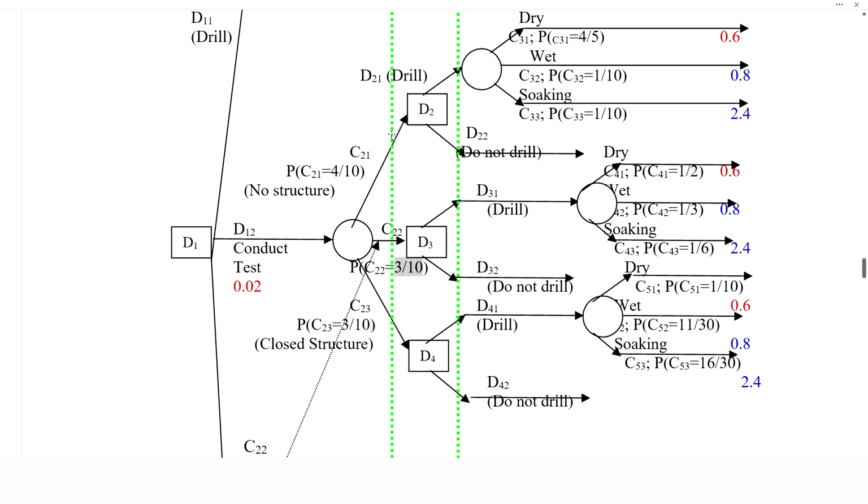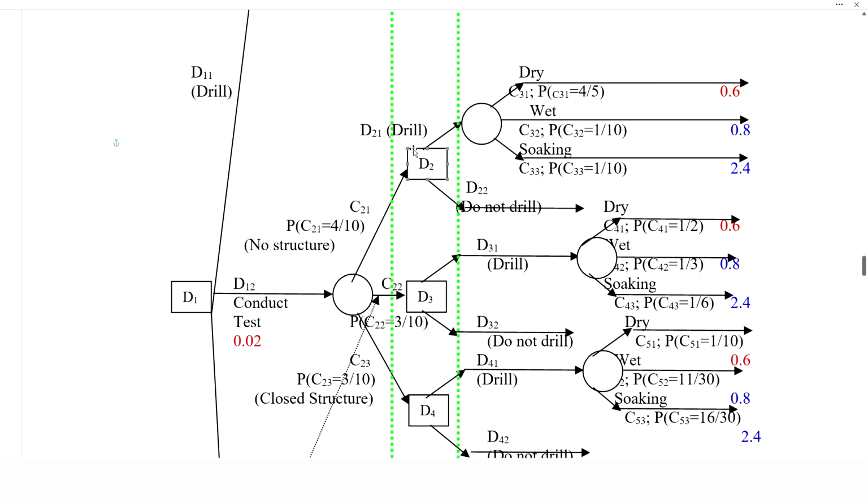Where? Now, if you see no structure and drill, the decision point is D2, and the corresponding directions it can move are to C3, and the other arm goes to D22, that means you do not drill. So, D21 is drilling and the outcomes are dry, wet, soaking, and the net present value we have kept as fixed, whether you conduct the test then drill or you only drill.